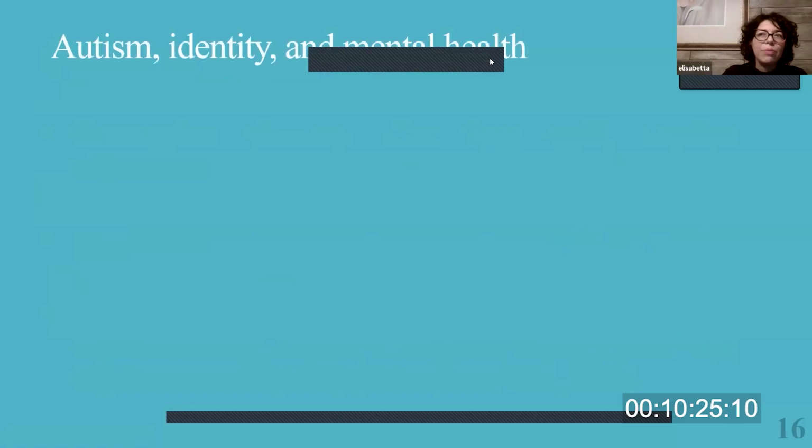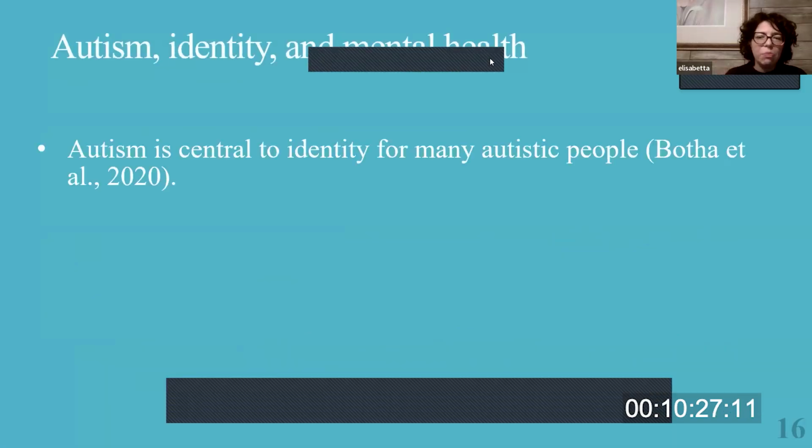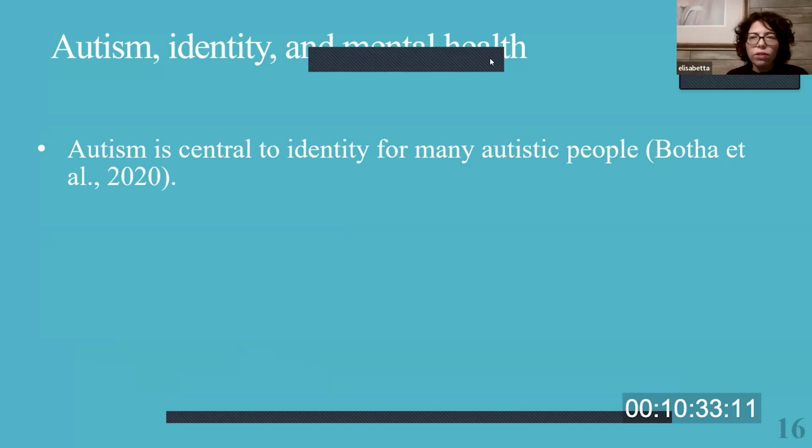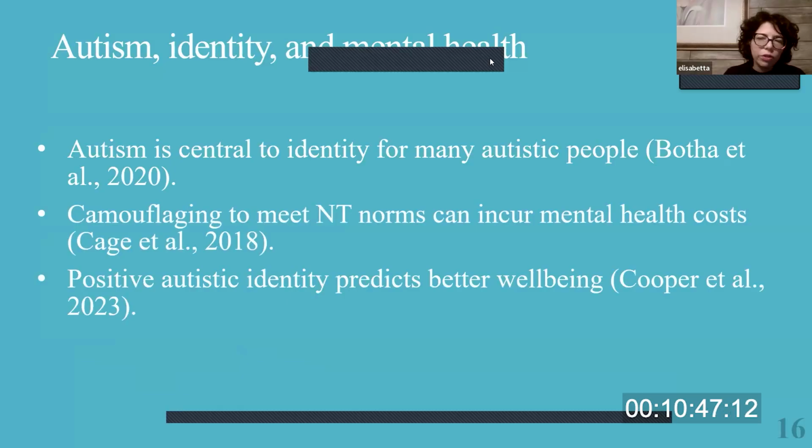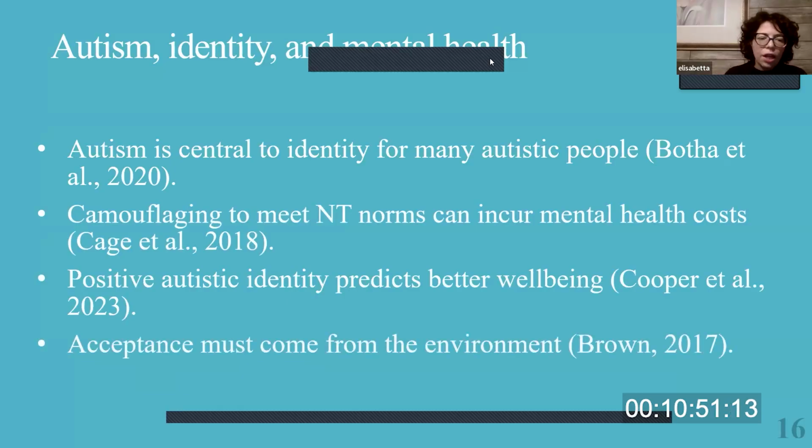And this may have a very bad impact on autistic people, on their well-being, because autism is central to identity for many autistic people, and camouflaging to meet neurotypical norms can incur mental health costs, while a positive autistic identity predicts better well-being.